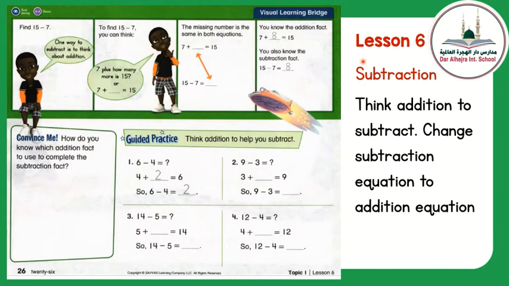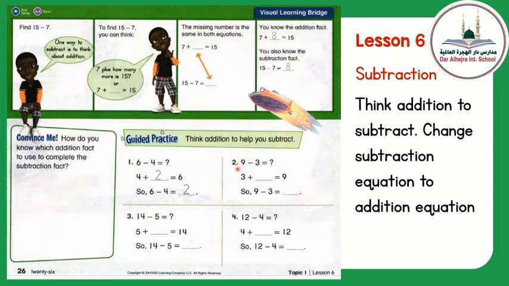Coming up to lesson 6, we studied another interesting subtraction strategy, because in this strategy we think of addition to subtract. Isn't it strange? We think how we can convert a subtraction equation into an addition equation to solve our subtraction equation. And how do we do that? We look at the subtraction equation very carefully. Then we find which number is the greater one.